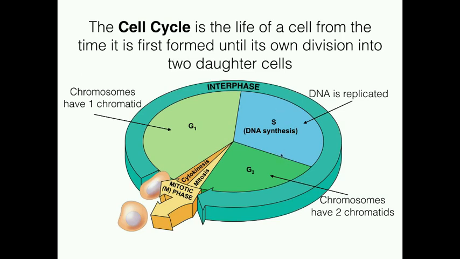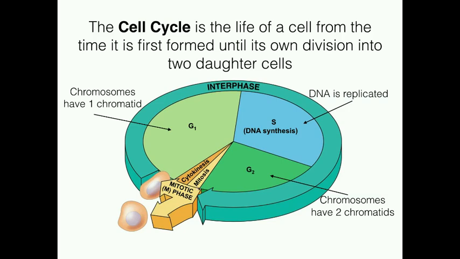After the DNA is replicated, you enter into the second gap phase. This is where the cell is ready to reproduce, right? It can't reproduce until after it's doubled its DNA. Now it is in the second gap phase. It's basically waiting for a signal that tells it, all right, you can go ahead and reproduce. When it gets that signal, it enters into mitosis. Mitosis consists of, or the mitotic phase, M phase, consists of 2 parts.